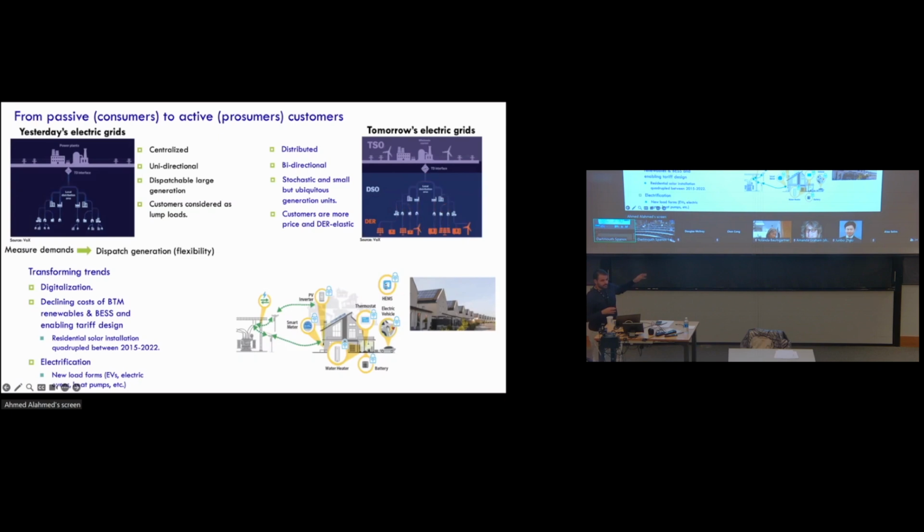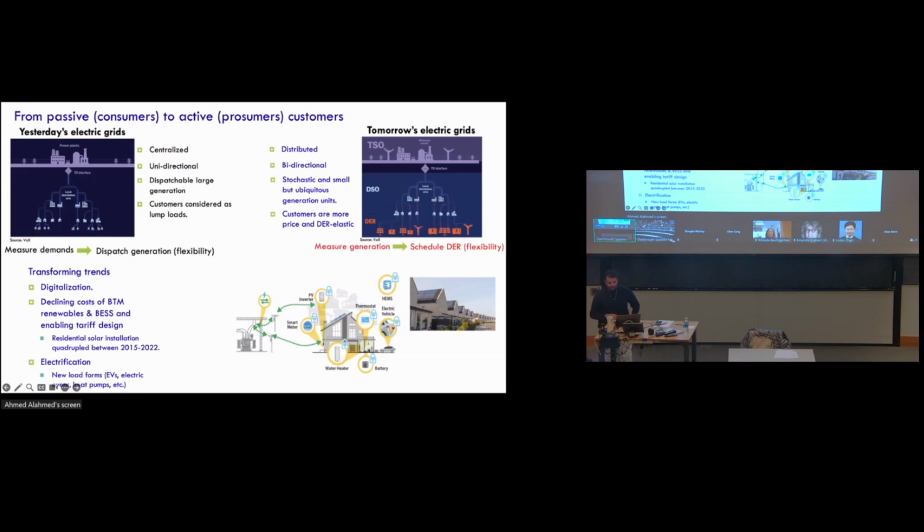So there is a bidirectional monetary and energy flow in the future electric grids. A lot of the generation resources are becoming more stochastic, and they are smaller units compared to the conventional electric grids and more ubiquitous. Given that, customers are becoming more price elastic and more resource elastic.